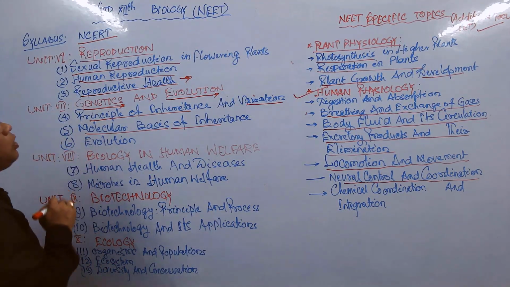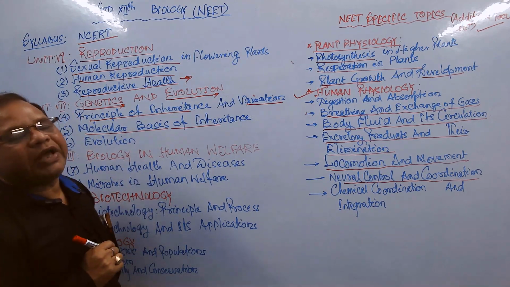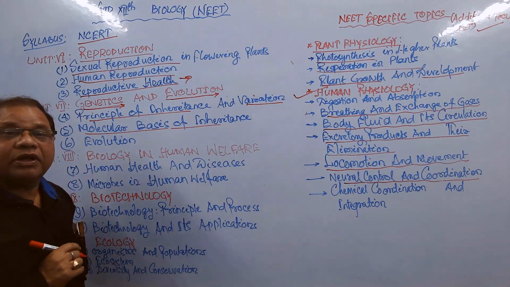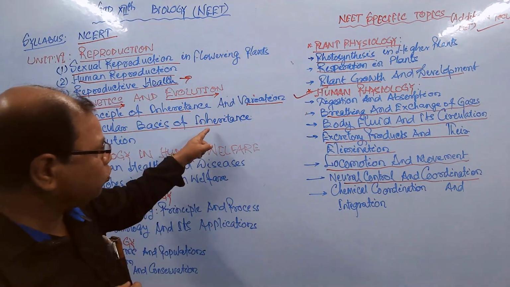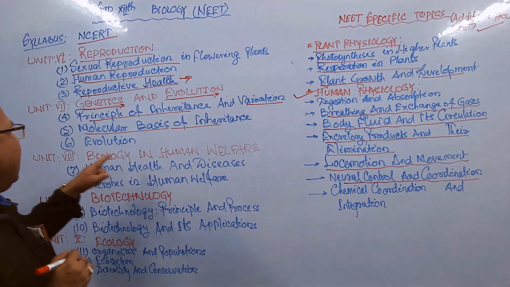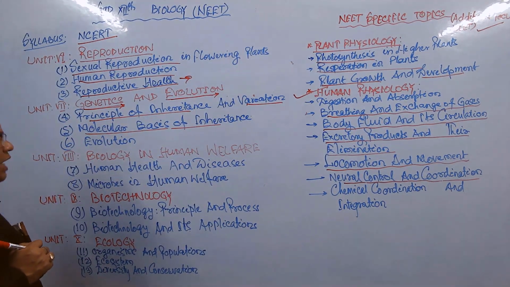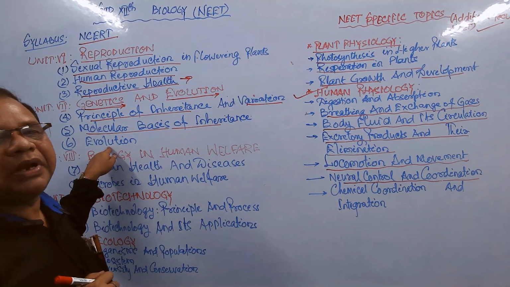Next, molecular basis of inheritance. This chapter is also very important for the NEET exam as well as the board exam. We have to go through this chapter very minutely and seriously. Evolution means development, how human beings and other organisms developed in the world.